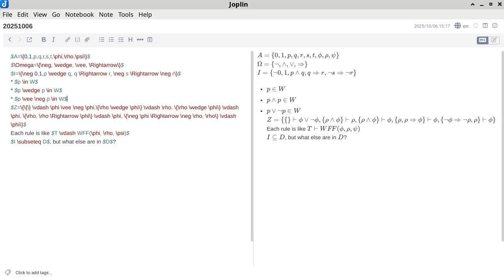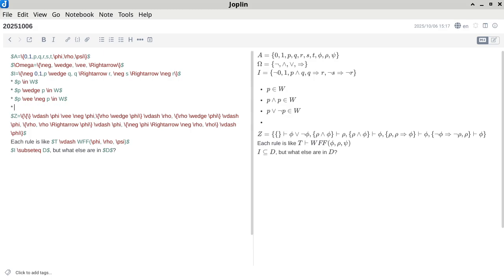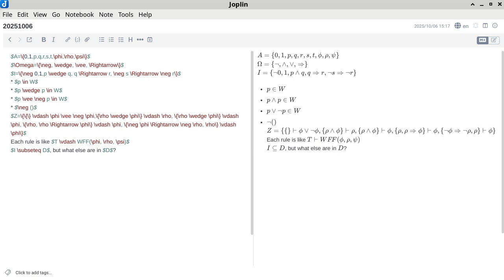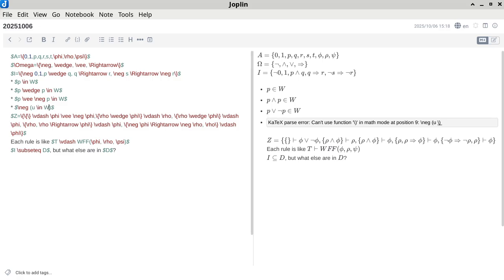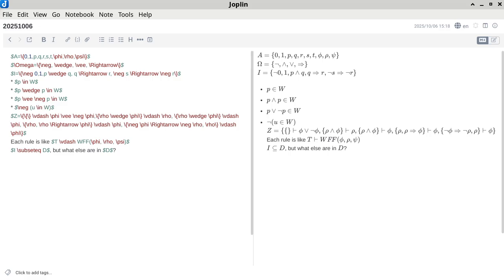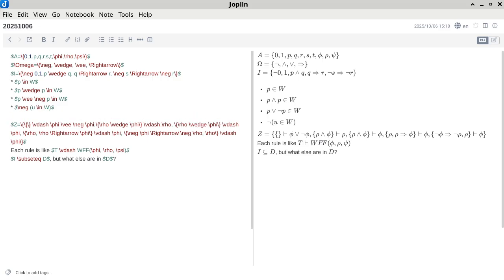Just because P is in alpha and everything in alpha by default is also well formed, and if we use the operators correctly, that would also be well formed. Now let's take a look at something that is not in alpha or in W. We can say it is not the case, negation, and we'll pick a variable that is not P, Q, R, S, T. So we can say U. The letter U is not in W with respect to the alpha and the omega that we have been using, because alpha does not include U as a variable.